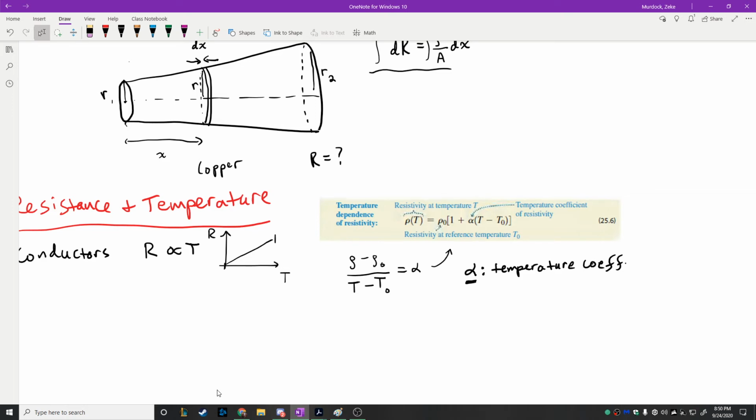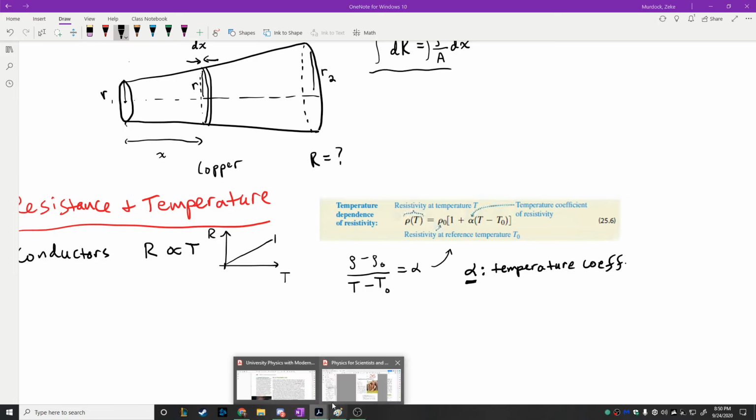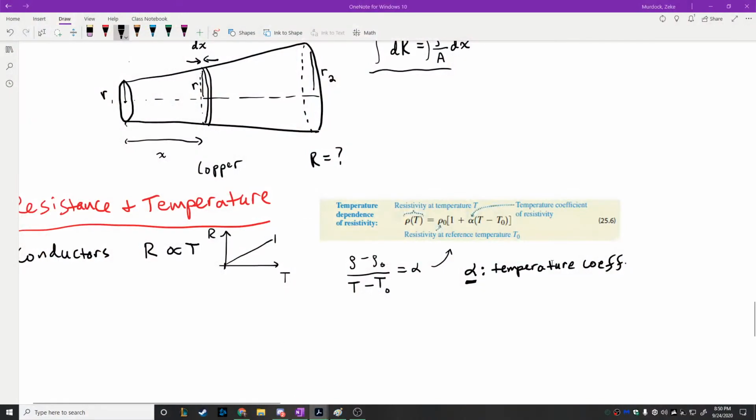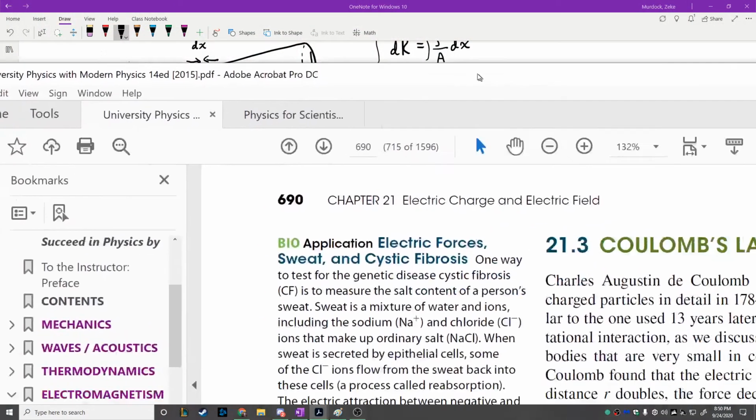It's also a temperature coefficient. It has exactly the same units, something per degree Celsius. So you can compare these temperature coefficients. Let me grab it real quick and show you what these things are. They're just these numbers.